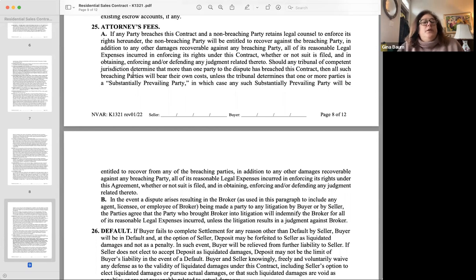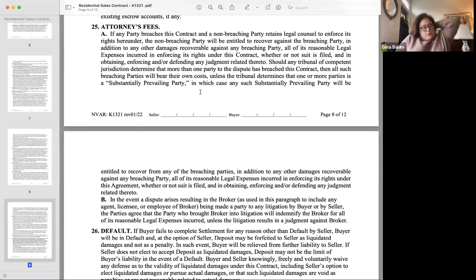and in obtaining and enforcing or defending any judgments related hereto. Should any tribunal of competent jurisdiction determine that more than one party to the dispute has breached this contract, then all such breaching parties will bear their own costs unless the tribunal determines that one or more of the parties is the substantially prevailing party.